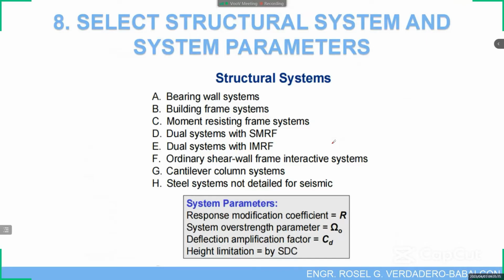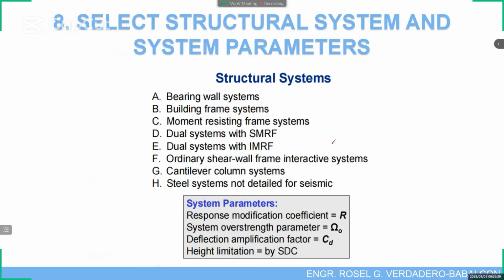So we need to balance those three in selecting the structural system: the structural strength of our structure, the economical aspect, and also the aesthetic aspect. So these are the typical structural systems here in the Philippines.